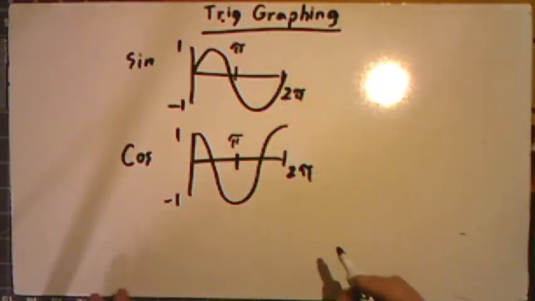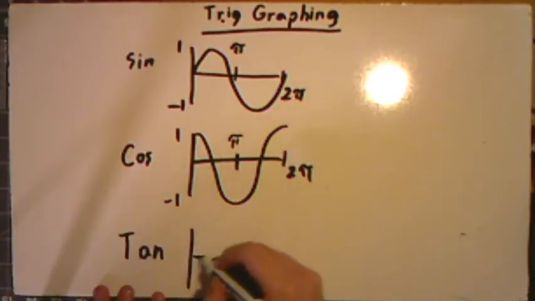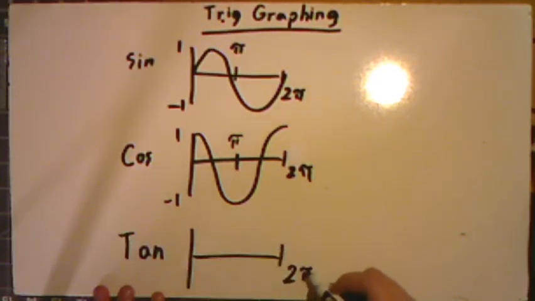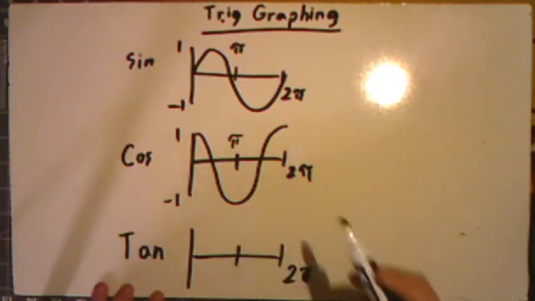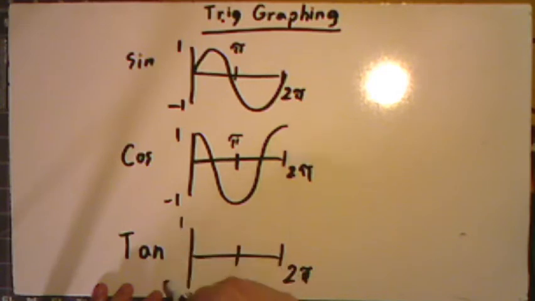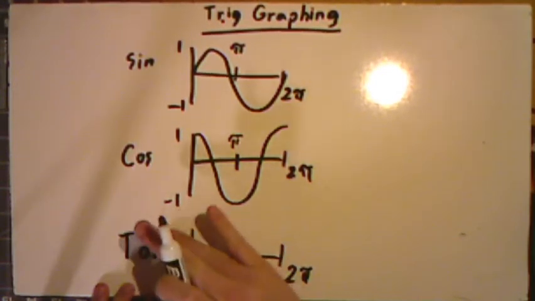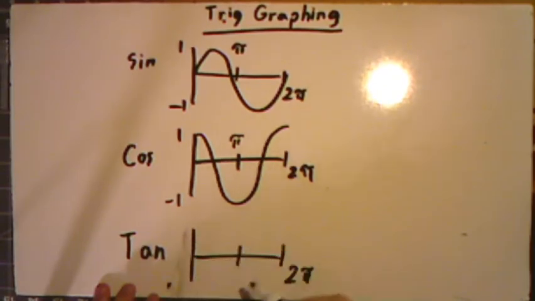We then also look at the tangent graph, which was a little bit different because rather than having a particular -1 minimum or maximum, there was no minimum and no maximum, where instead we actually went from infinity.